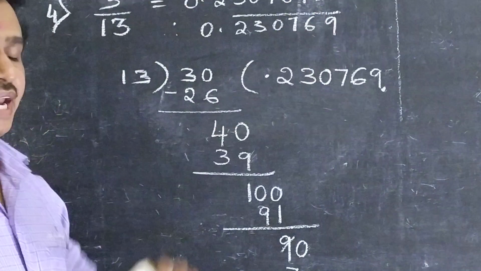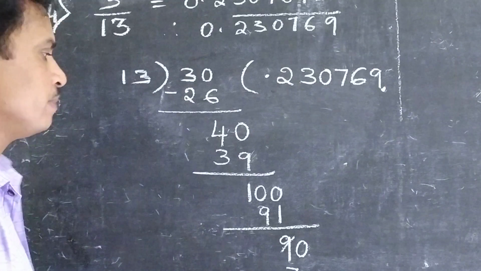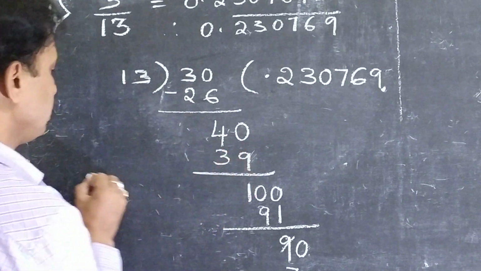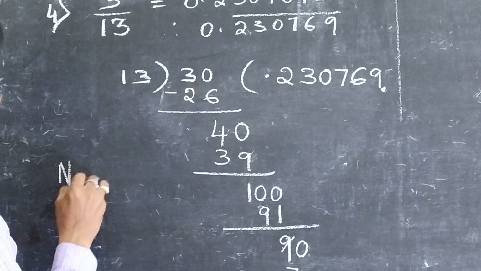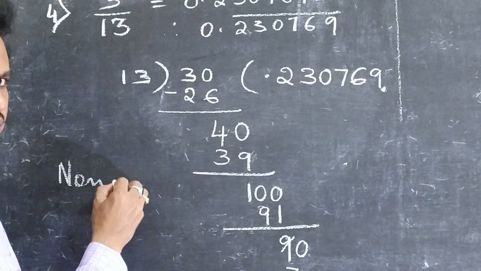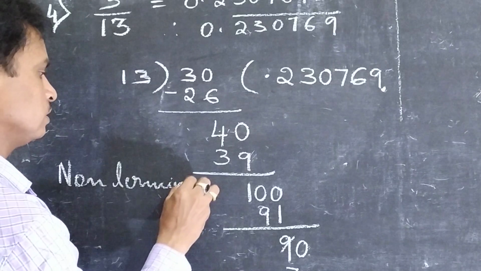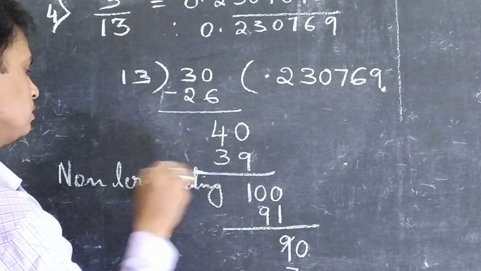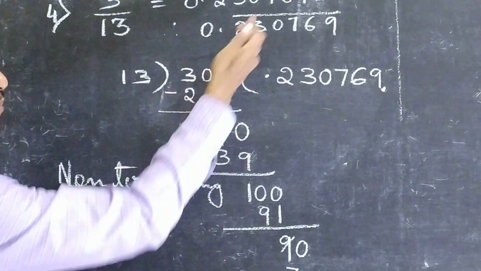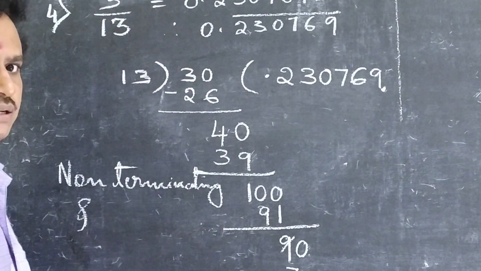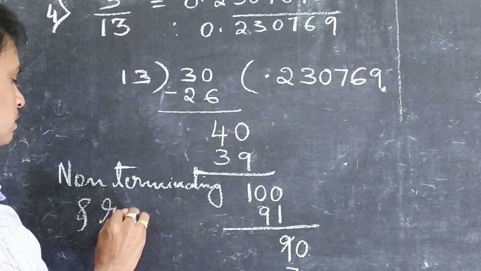So here not ending, that means it is not terminating. It is non-terminating and repeating, your digits are repeating, so it is called recurring.